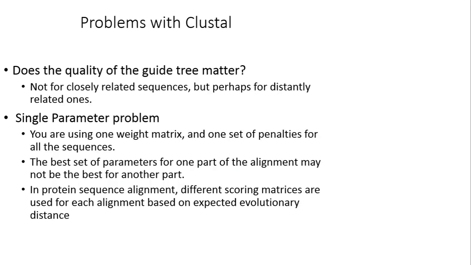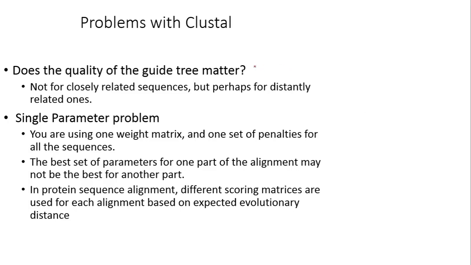Okay, so now let us talk about the problems with the progressive strategy used by Clustal. One might ask, does the quality of my guide tree matter? Because Clustal creates that guide tree, which eventually decides in what order sequences are to be aligned. And it uses some clustering algorithm like neighbor joining to create those guide trees.